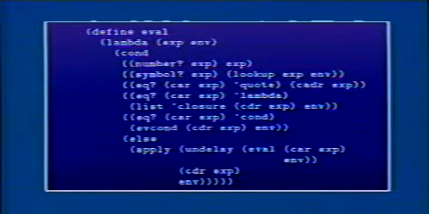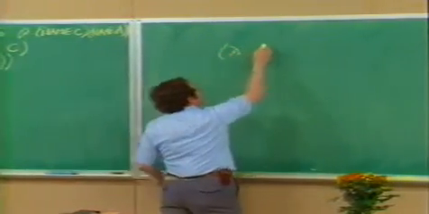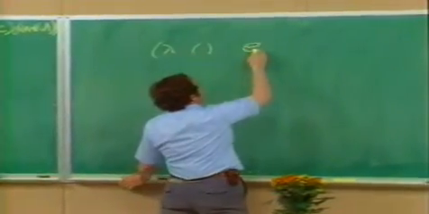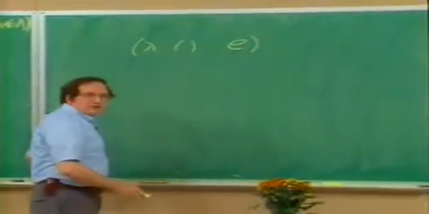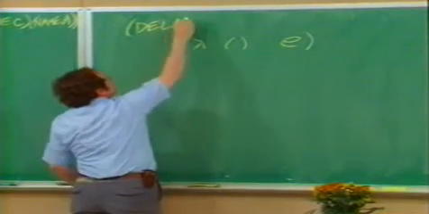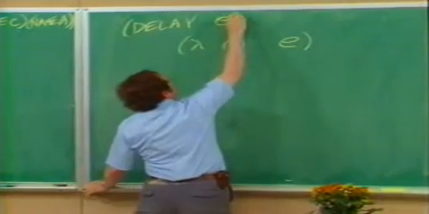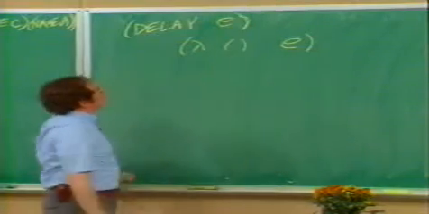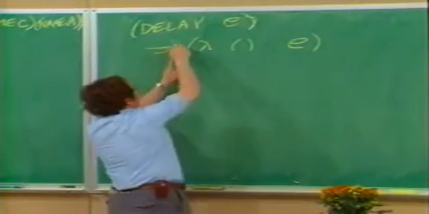Remember how Hal implemented delay. Hal implemented delay as being a procedure of no arguments, which does some expression. That's what delay of the expression is. This turned into something like this.